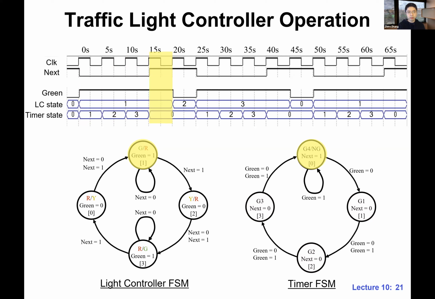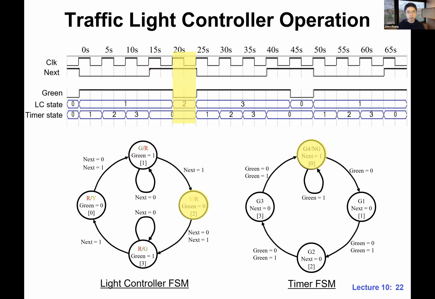This is where we set next to be 1, next high here. Once the light controller sees the next signal, it's going to make the transition. Next cycle, the light controller will change its state to YR.